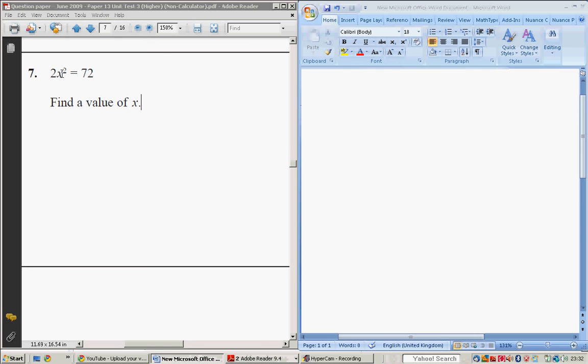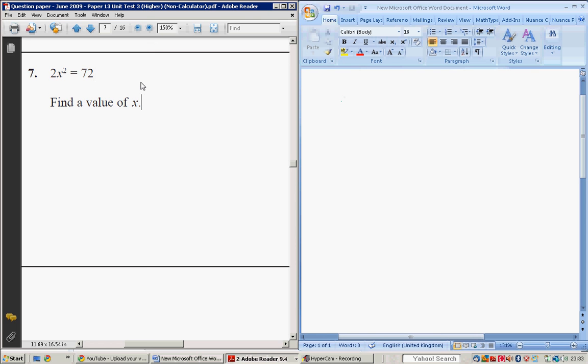Okay, well, right away there are two things that you can do. You need to use the inverse method. That means this number times 2: the inverse of multiplying by 2 is dividing by 2. And the inverse of to the power of 2 is the square root. So we will be dividing by 2 and getting the square root.